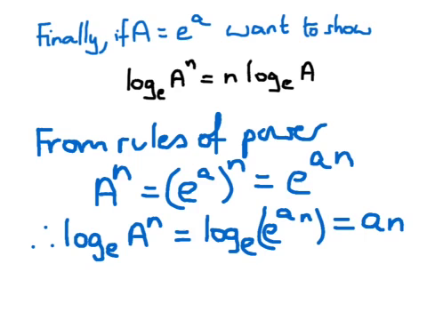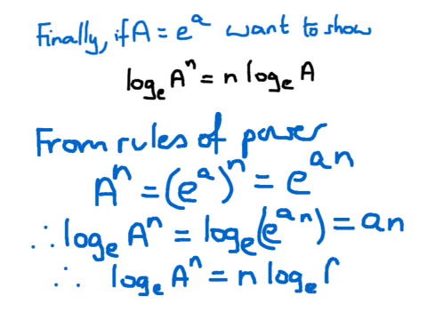So therefore the logarithm to the base e of A to the n is n multiplied by little a, but that is the logarithm of capital A using the base e. So this is n times the logarithm to the base e of capital A, as we wanted to prove.